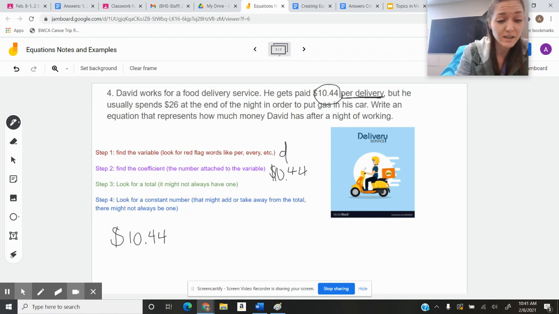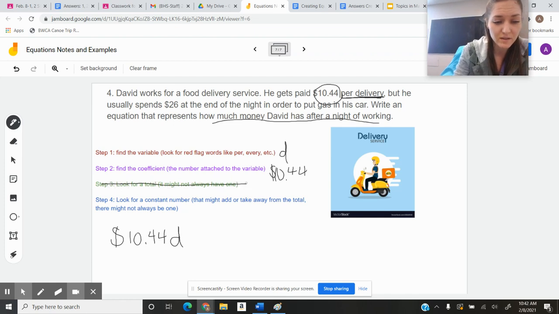So I know I'm taking $10.44 times the number of deliveries. So I know that's going to be somewhere in my equation, 10.44 times D. And now I need to look for the total. There's not necessarily a total in here. That's what we're trying to figure out, how much money he has at the end of the night.